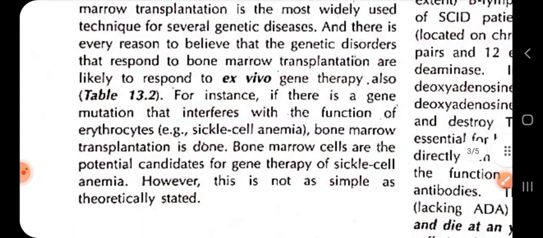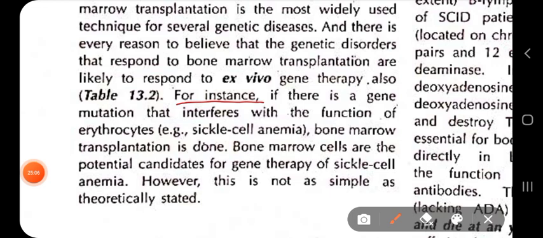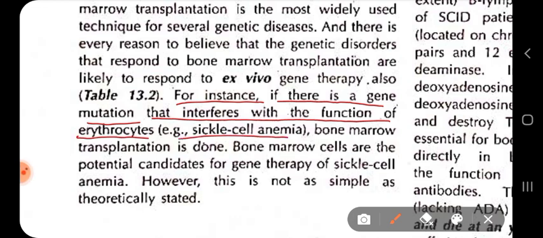So there is an example given, for instance, that if there is a gene mutation that interferes with the function of red blood cells, which causes sickle cell anemia, bone marrow transplantation is done. Sickle cell anemia occurs because of a mutation within the gene of red blood cells.